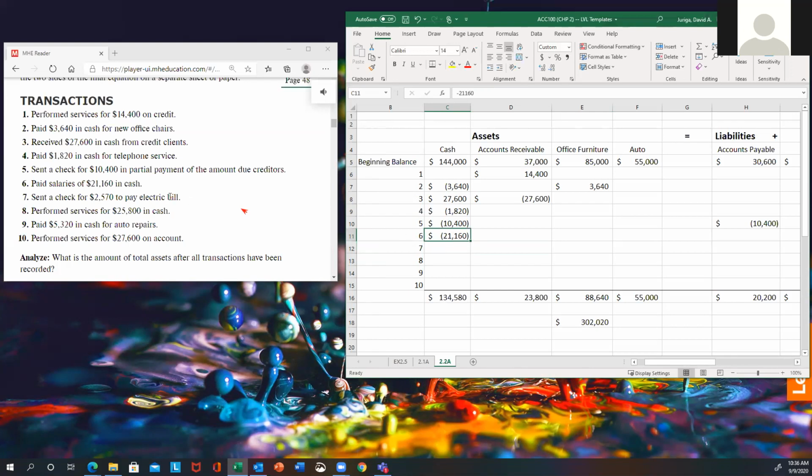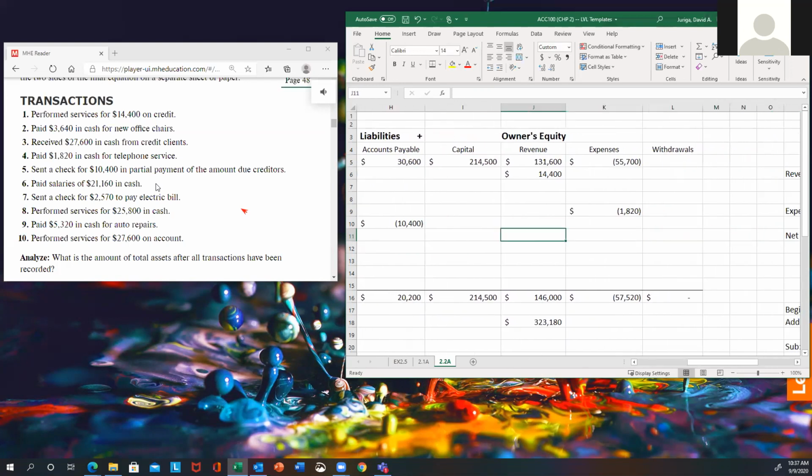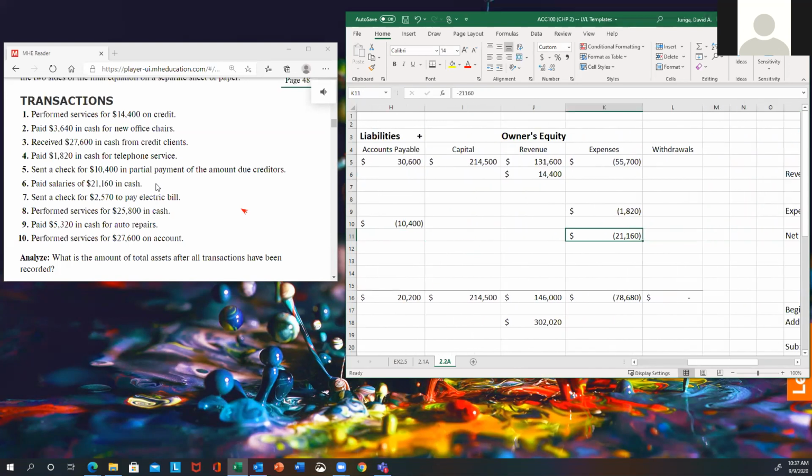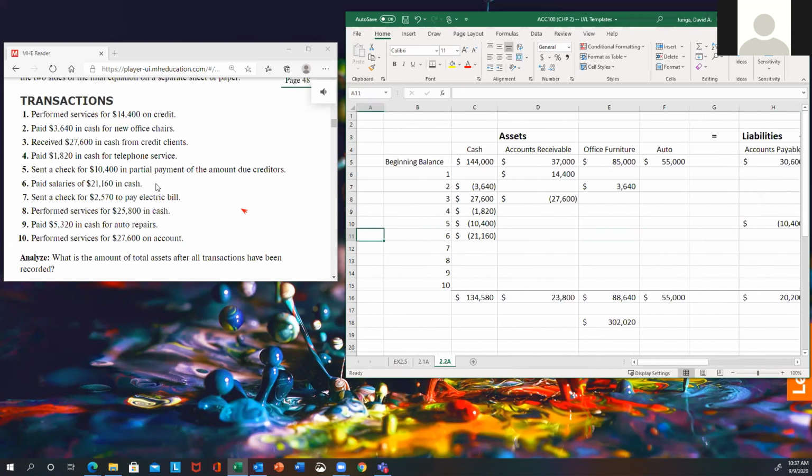And on this one, Ibaka said expense, so I'll go to my expenses. Make sure I'm in the right row here. It's number 6. So paid cash 21,160, and then minus expense 21,160. That's number 6.